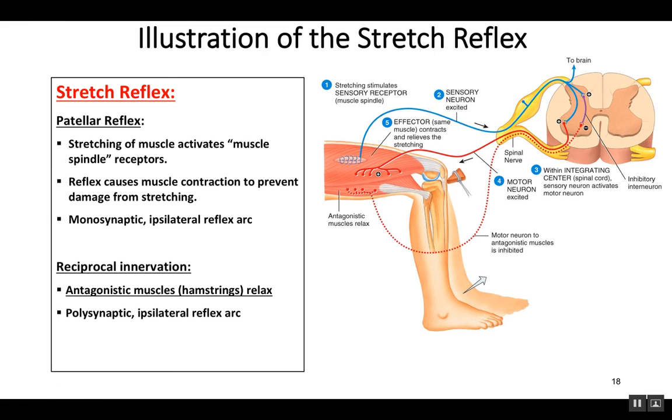It's a pretty complicated little pathway, very useful to a doctor, because if a doctor taps this patellar ligament and the leg doesn't jerk, there might be a problem with these nerves. Maybe they're not myelinated properly. Individuals with, for example, multiple sclerosis may have suppressed reflexes due to improper myelination.